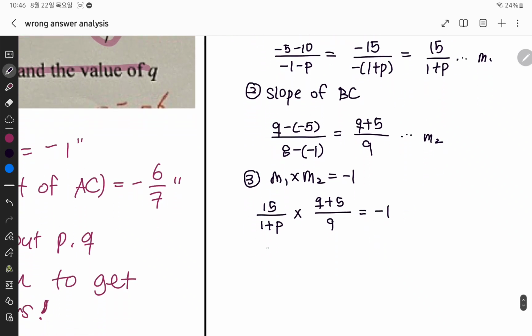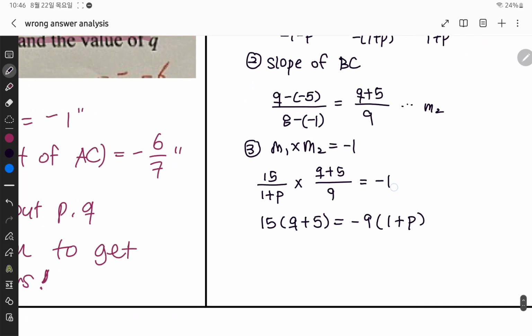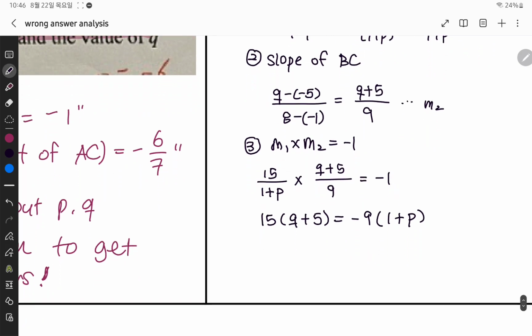And I'm going to get 15 times Q plus 5 equal to -9 times 1 plus P. So when I divide each side by 3, I'm going to get 5 and 3, right?